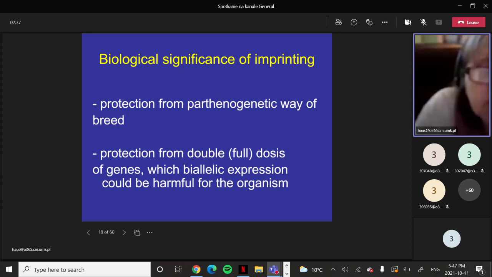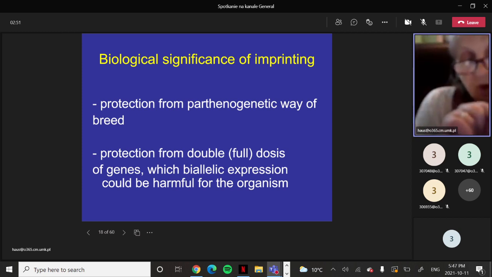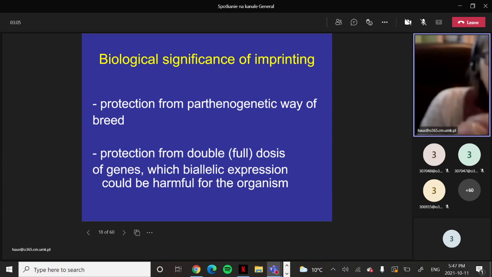Okay, and the second mechanism, protection from double doses of genes. You can see that in this imprinting zone there is only one copy, always one copy active of a gene, one copy inactive. There is no situation of activity of both copies of a gene. Yes, for example, here.